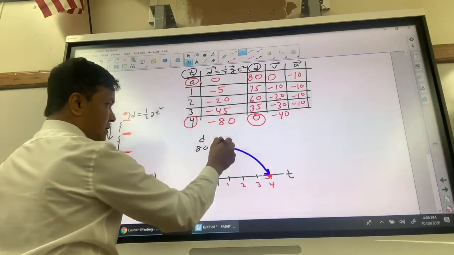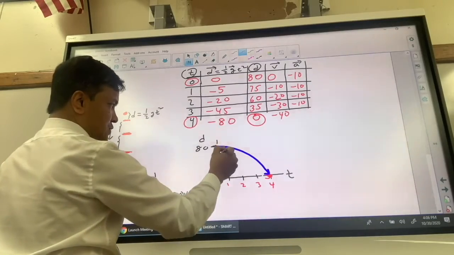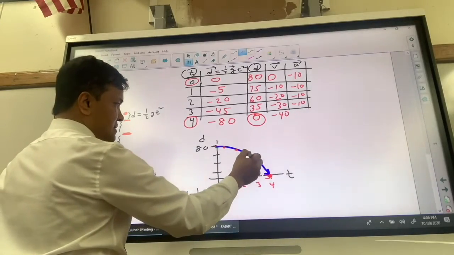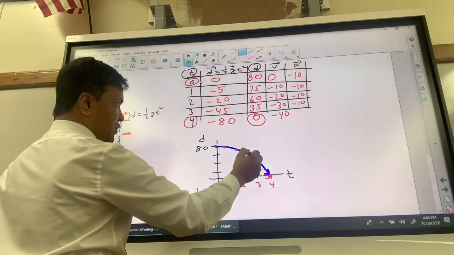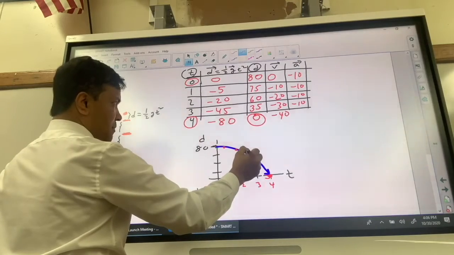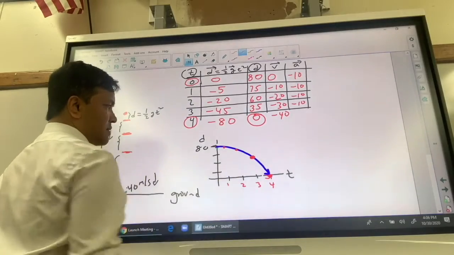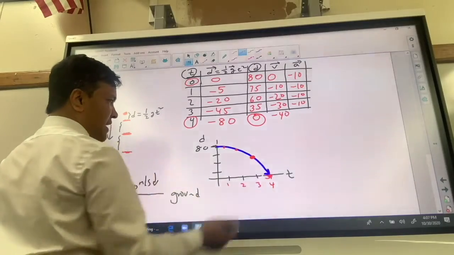The distance traveled by the end of the second second is 20. At the end of the third second it is 45. And at the end of the fourth second it is negative 80.